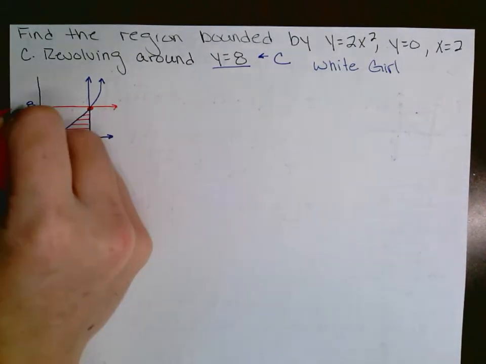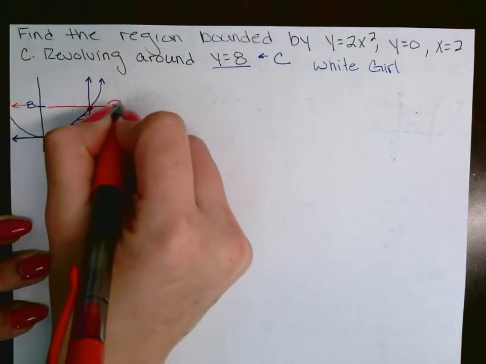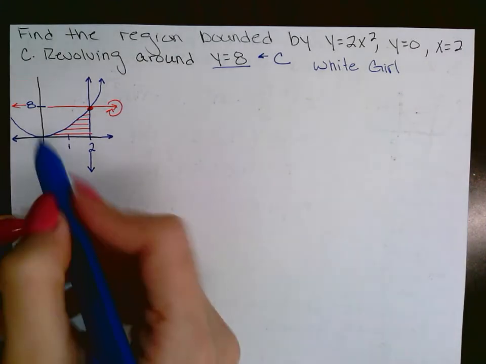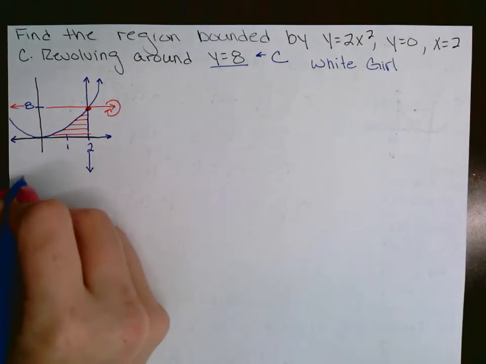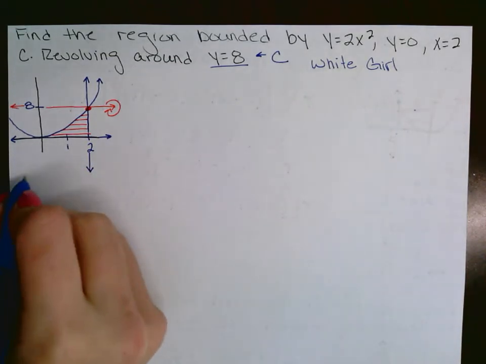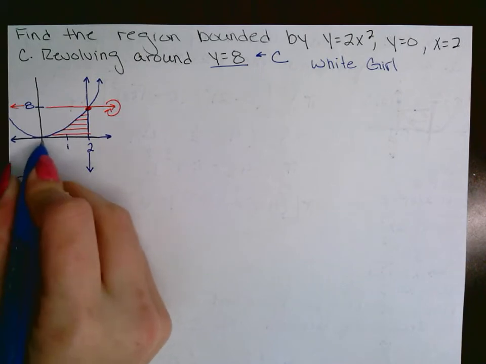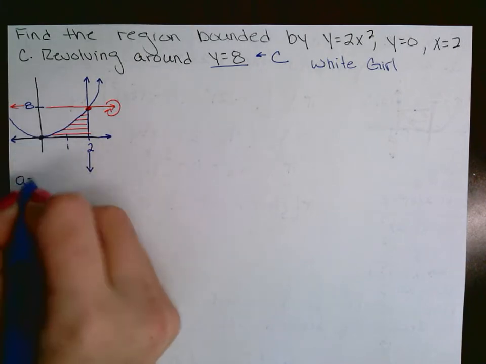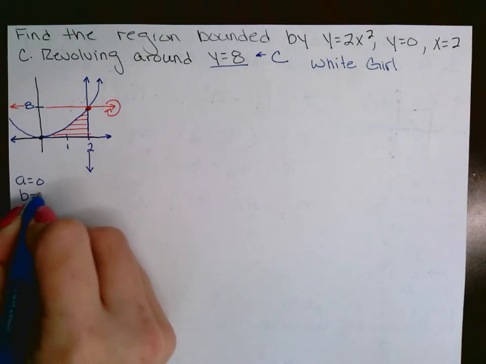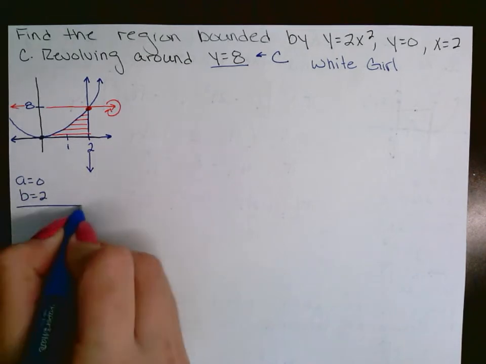It means they want me to revolve around this part. Okay? So, let's start off with my A and B. A's and B's will be x values determined by the left and right. What is closing off the left side? 0. And what is closing off the right side? 2. Very easy. Remember, white girls should be easy.